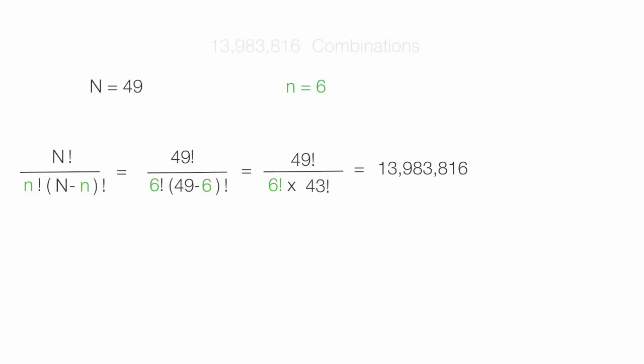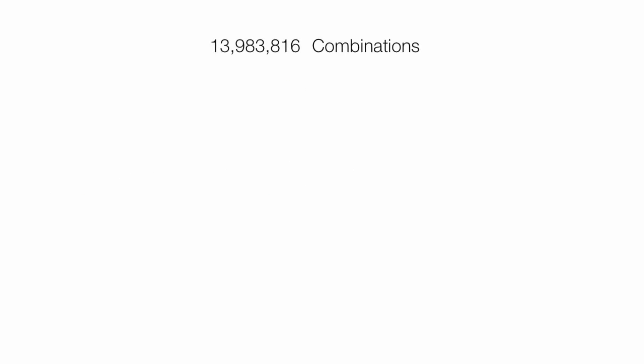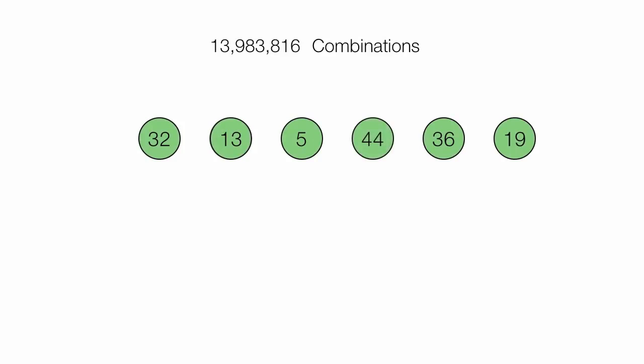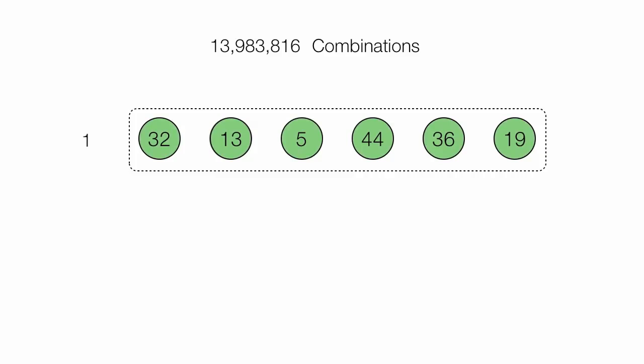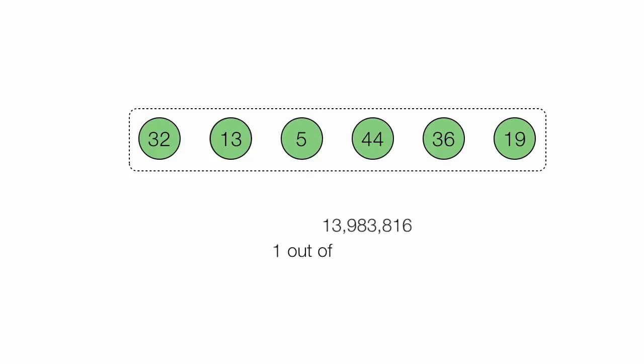So my total combinations is 13 million something. And I started out with one combination. So the chances of getting this one combination is 1 out of 13,983,816.